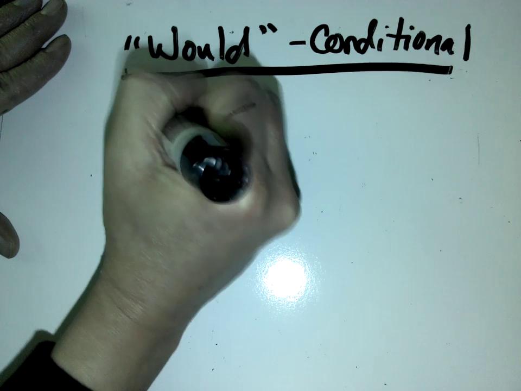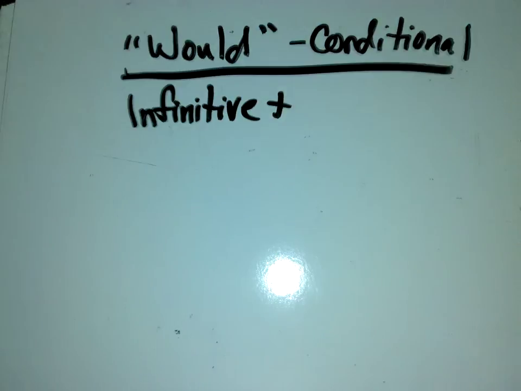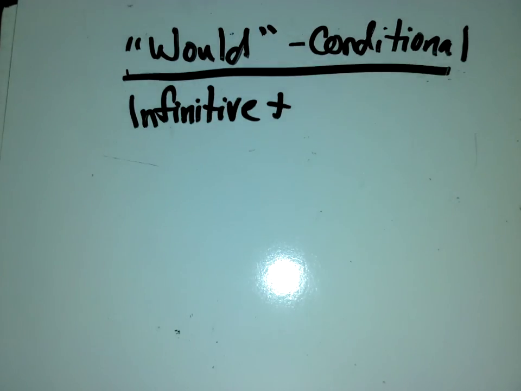You're going to use the infinitive of the verb plus the ending. So it's formed the same way as the future. But the endings obviously are going to be different, or else you wouldn't know the difference between them. So what are the endings to the conditional tense? They are the same as the imperfect endings. So they're going to look really familiar to you.